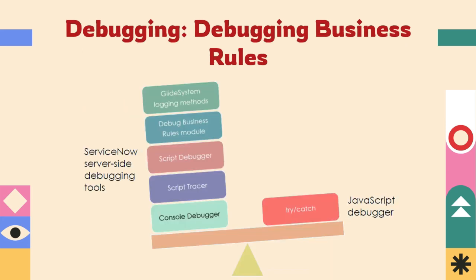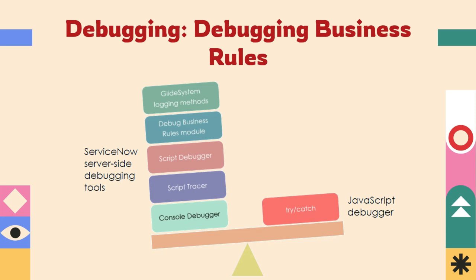So let's move further and see how we can debug our business rules. For debugging, we have certain methods like glide system logging methods, debug business rules module, script debugger, script tracer, and console debugger. We have multiple ServiceNow server-side debugging tools that we can use.